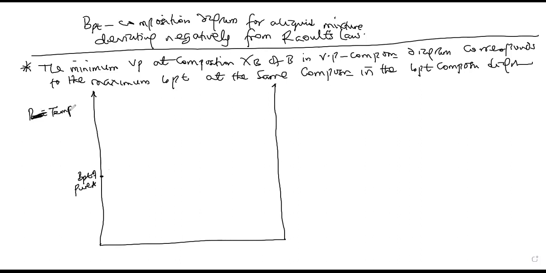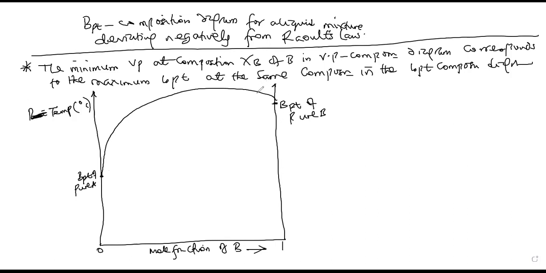Let me put temperature here in degrees Celsius, and here is from 0 up to 1, and this is the mole fraction of B. Now, the vapor pressure of the other was lower, so here this would be maximum, boiling point of pure B. So the other one was lower, but this one is going to be maximum. So that is what we are having.